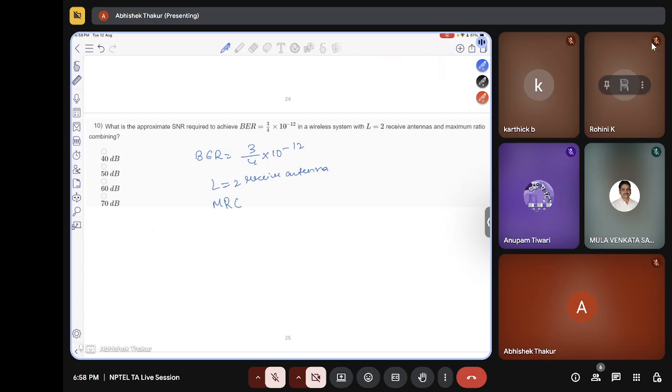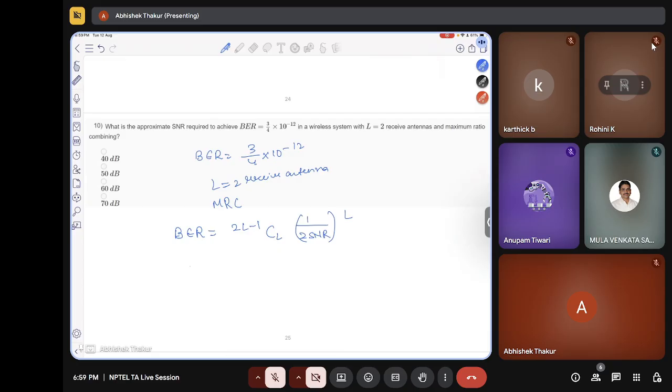We know the formula for bit error rate is (2L-1 choose L) times (1/(2 SNR)) to the power of L.